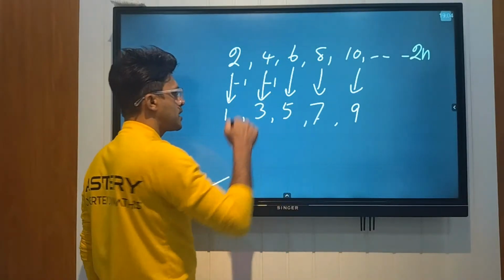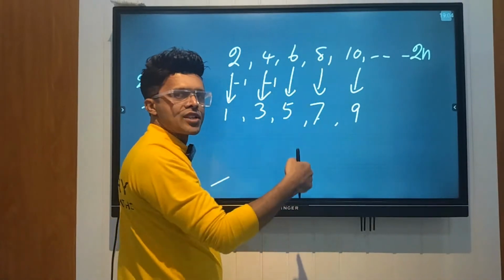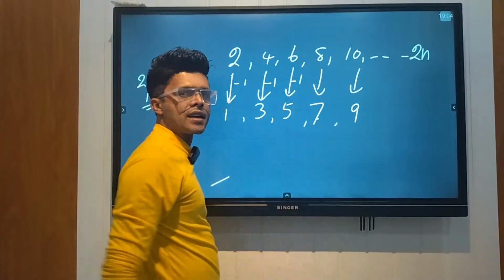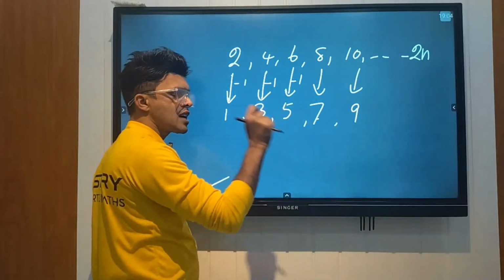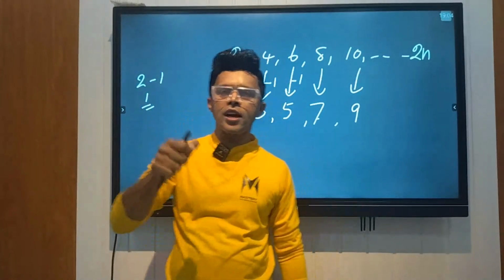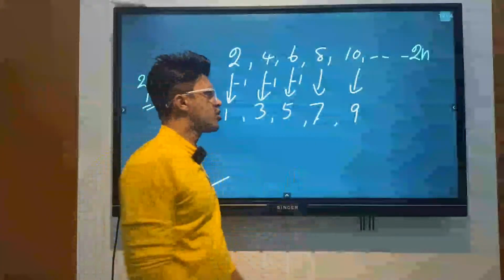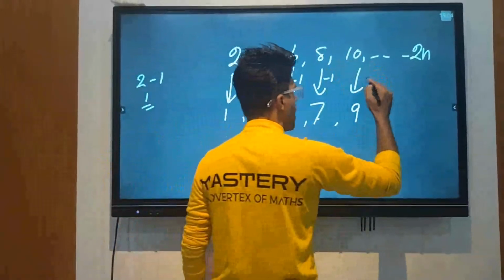Then 4 minus 1 is 3. Likewise, you could get the relation between the 6 and 5. You subtract 1 here, right? Then 6 minus 1 is 5. The same thing can be done to get the relation between this 8 and 7, that 8 minus 1 is 7. Here 10 minus 1 is 9.